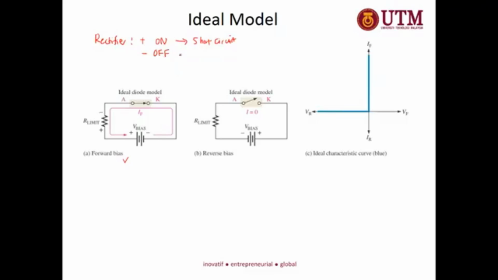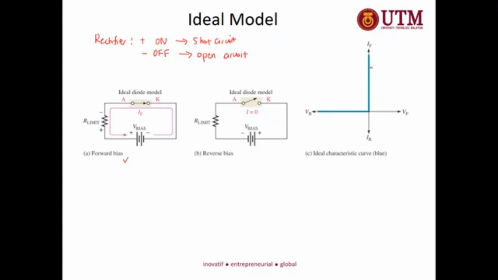The off state is replaced by an open circuit. So when the diode is forward biased, the diode can be replaced by a short circuit, one line. If it is in reverse bias, the diode can be replaced by an open circuit. Open circuit means there is no connection.